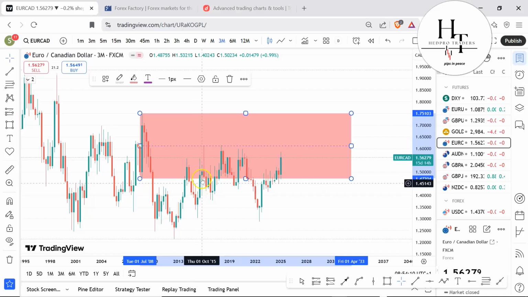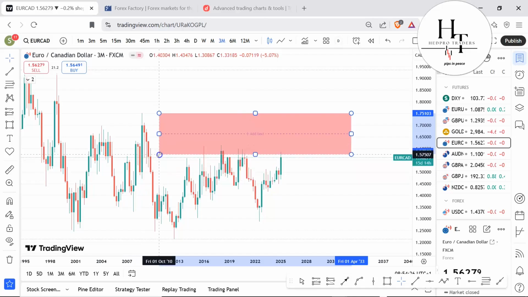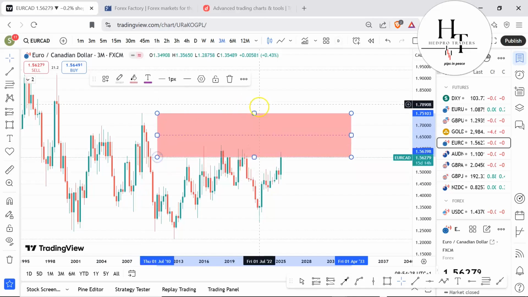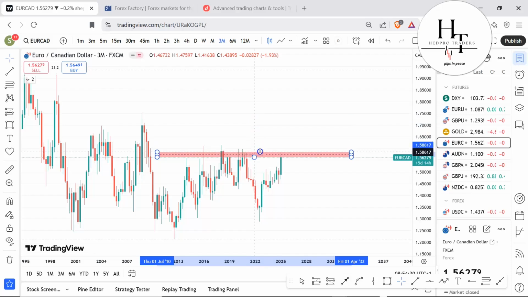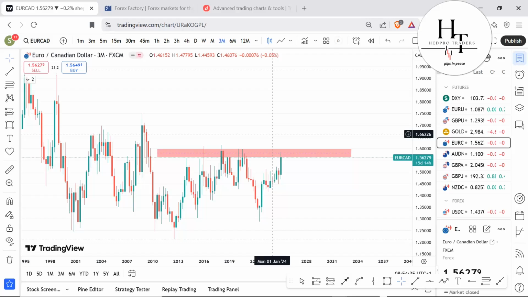Exactly at the midpoint, price touched it the first time, rejected, second time, rejected, traded into this zone, rejected from this rejection block, and again price is approaching that same zone. So we'll be watching this zone here. Watching this zone and see how price has rejected from it.